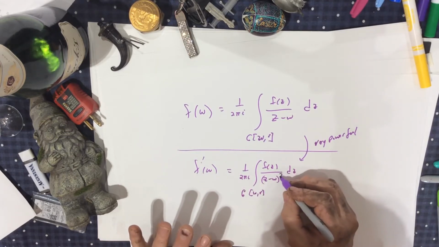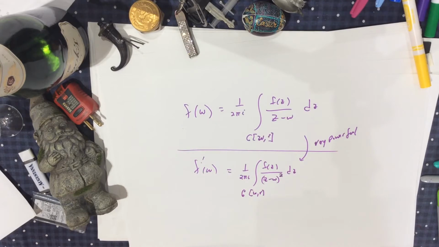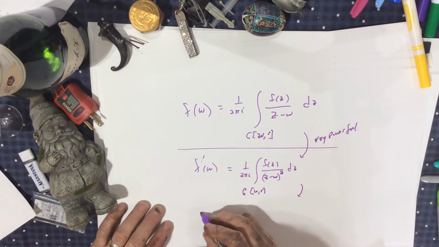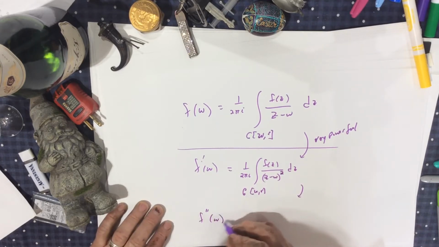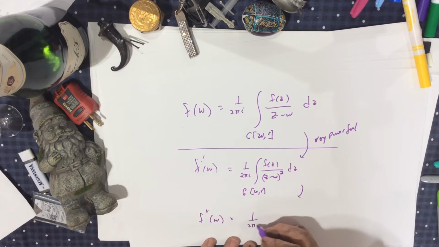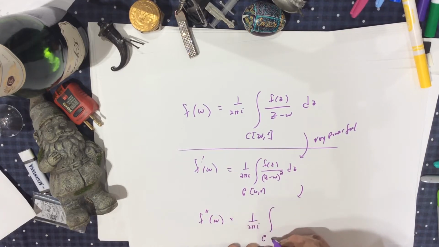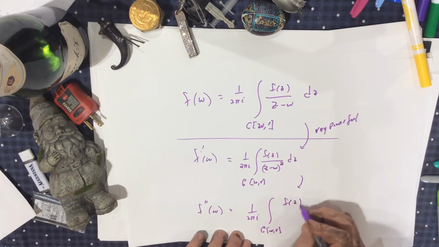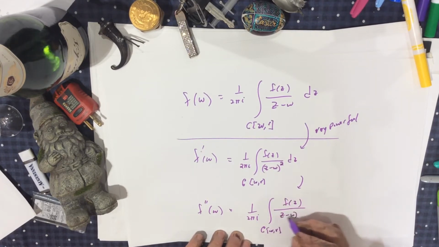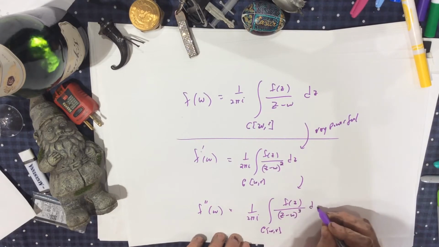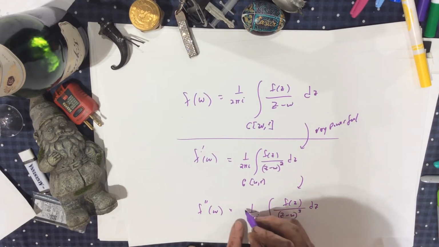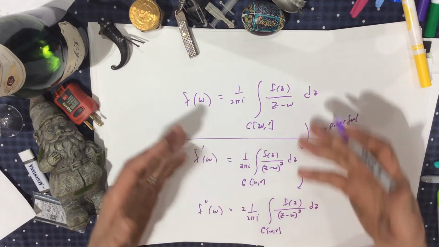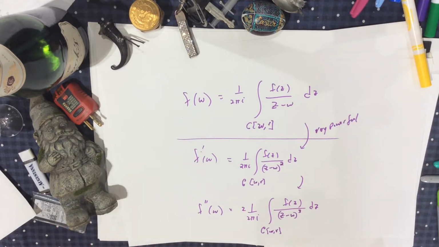Ready? A power comes in. And if we do it one more time, another power comes in, but a 2 went here. And so now you can see the pattern.